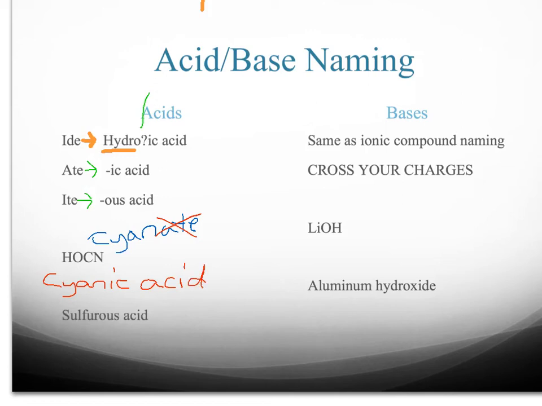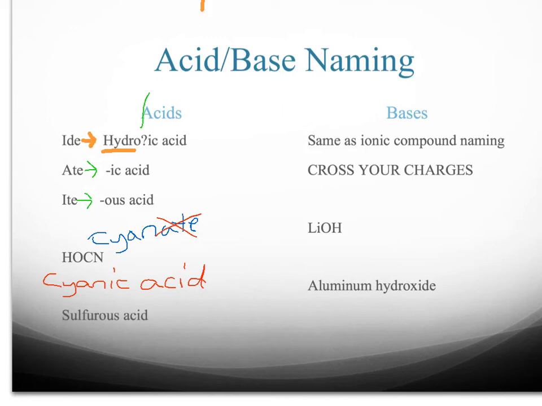Our next example is sulfurous acid. Notice that this ends in an OUS. We've already said that OUS and "ite" go together. So that means that whatever this anion is that it came from, for us to write the formula, it is going to end in "ite."